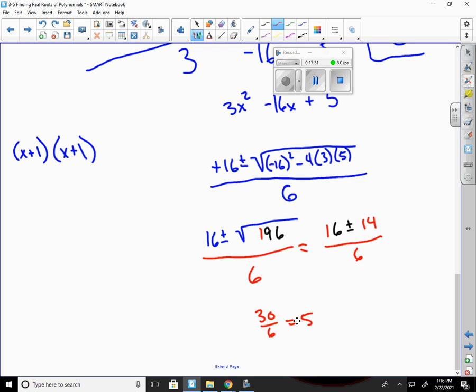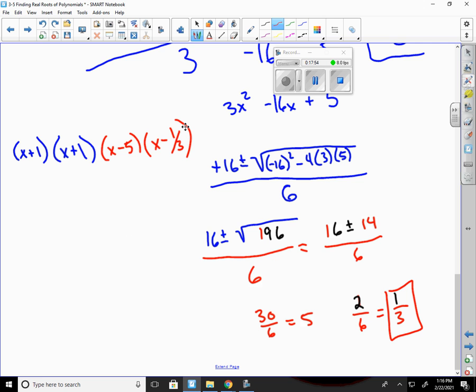So that tells me I have a root at 5. And then I do 16 minus 14, which would give me 2 over 6, which is 1/3. So this would then be, don't forget to switch the signs, x minus 5 and x minus 1/3.